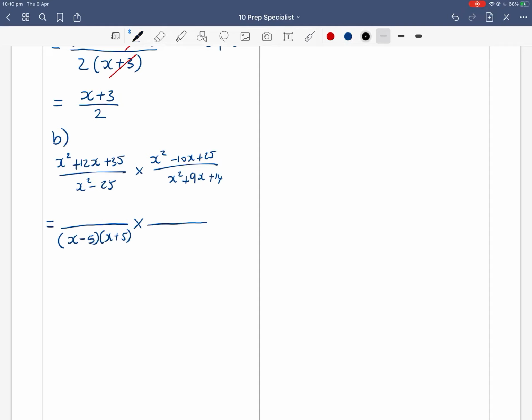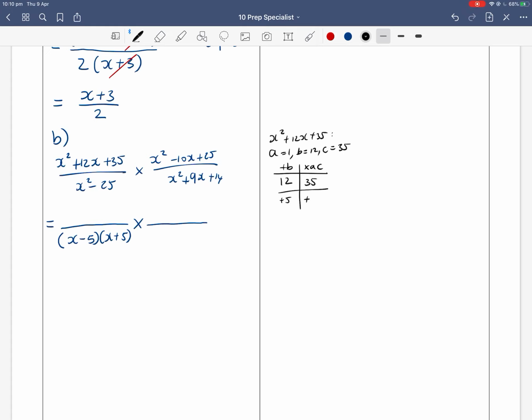So side calc, let's do the numerator of the first fraction. So if we consider x squared plus 12x plus 35, our a is 1, our b is 12, and our c is 35, plus b times ac, so I'm adding to be 12 and I'm multiplying to be 35.